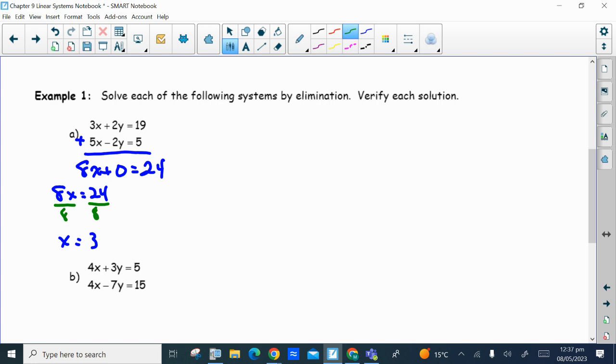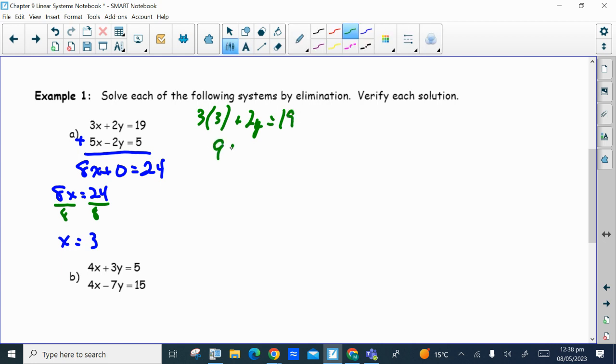To find the y value, take that x and plug it into one of the original equations. For no reason, I'm going to use the first one. I'll let x equal 3 in that equation and then find out what y must equal. 3 times 3 is 9.